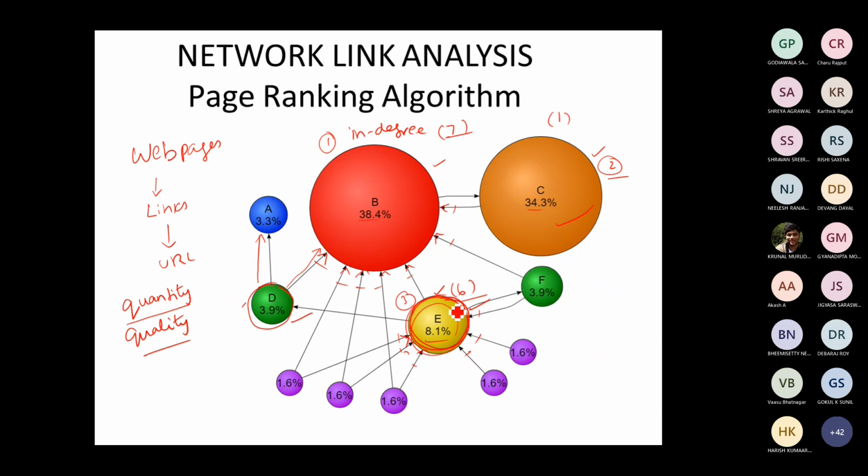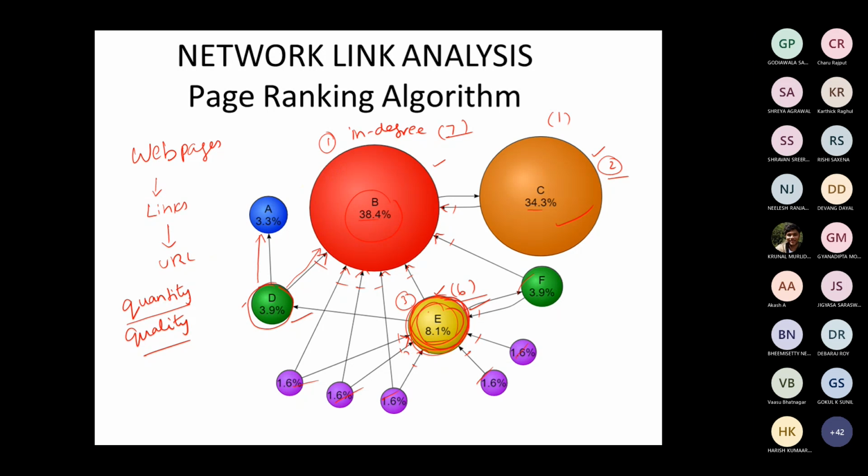From this page, I can connect to several web pages: 1, 2, 3, 4, 5, 6. Many pages are getting connected because of this E. So E is obviously a popular web page which is connected towards B. And B is very popular because it is getting connected with many popular web pages as incoming links. That is called page rank. This is how you have to rank the page.